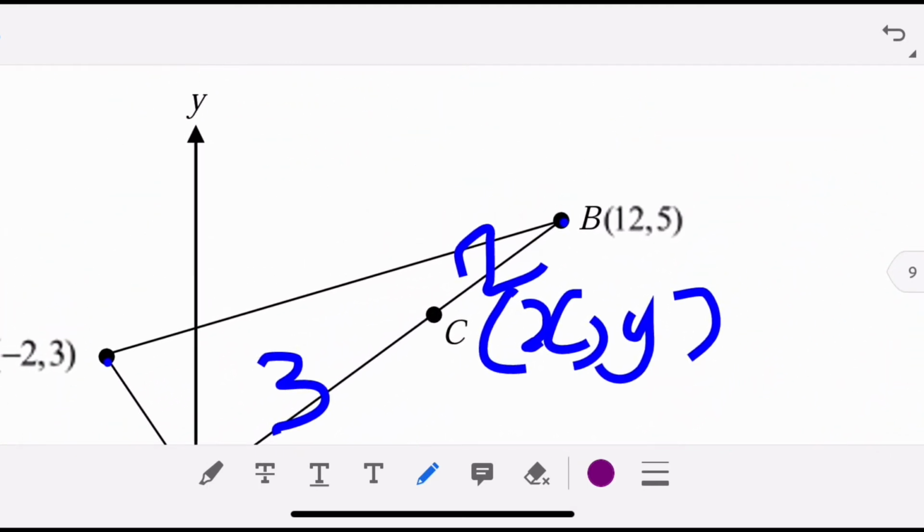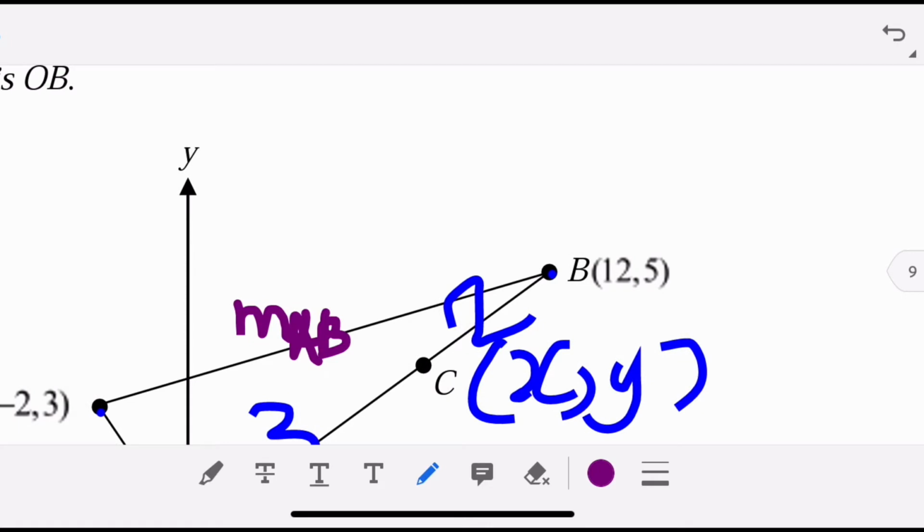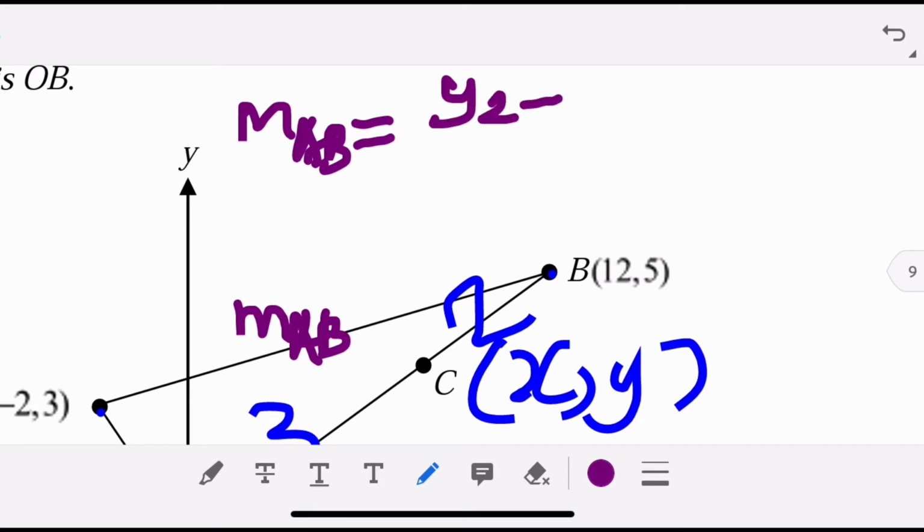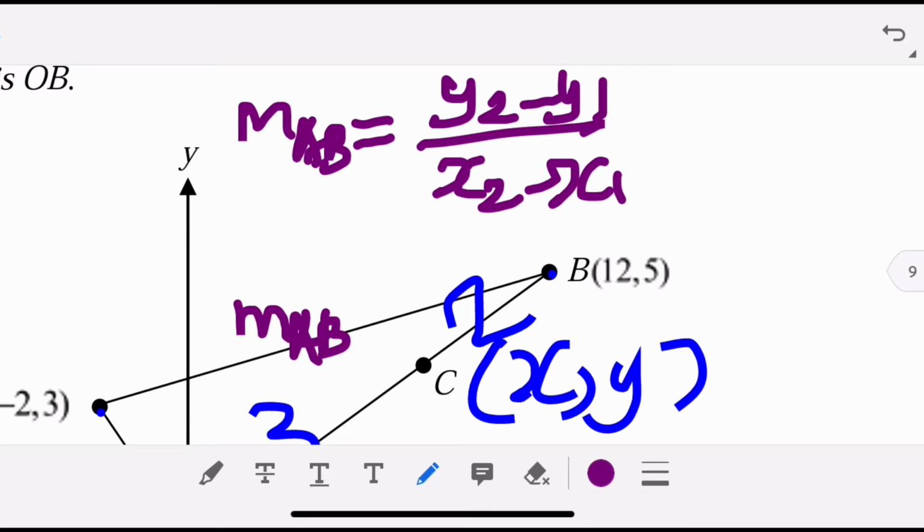Okay, straight line AB is given there and the points are given, so we can find the gradient for straight line AB using the formula for gradient, which is y2 minus y1 over x2 minus x1. Alright, so now we will substitute.